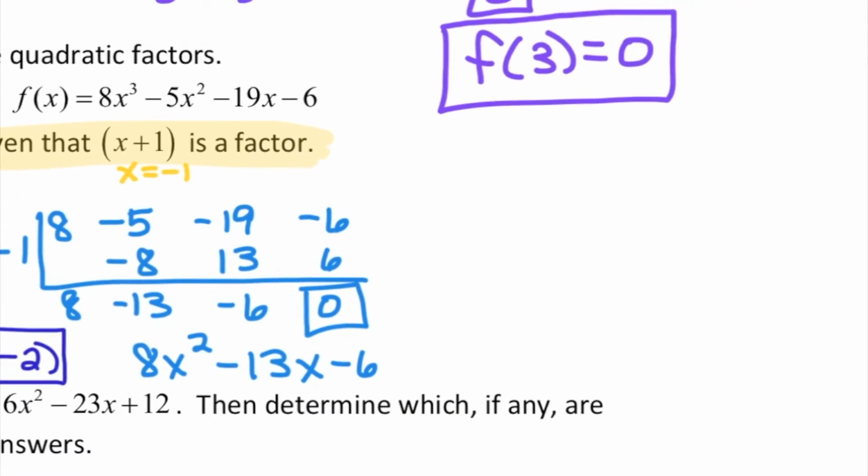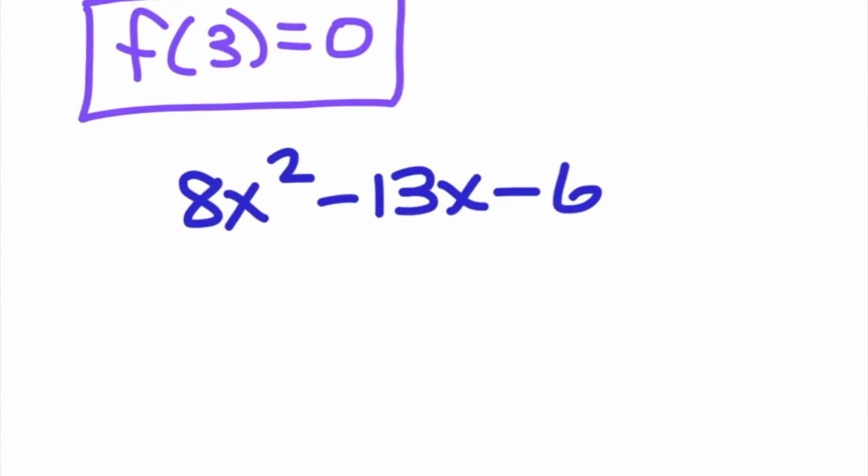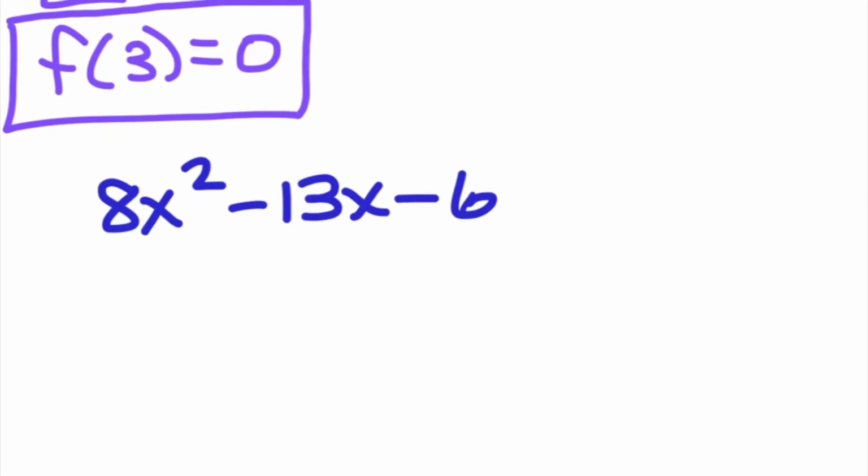And so I'm going to factor that way over here. So I've got 8x squared minus 13x minus 6. And 8 times negative 6 is going to be negative 48.